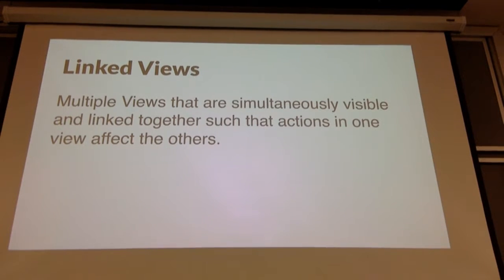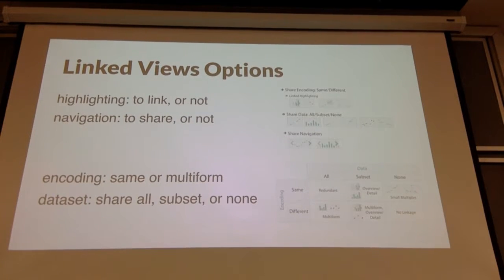Linked views are multiple views that are simultaneously visible and linked together such that action in one view affects the others. We've had examples for highlighting and for navigation. The other two options here are encoding and data set. Highlighting is about, if I click on item A, and item A is represented in two different views, will it be highlighted in both views so that I can see a particular item or group of items in multiple views.